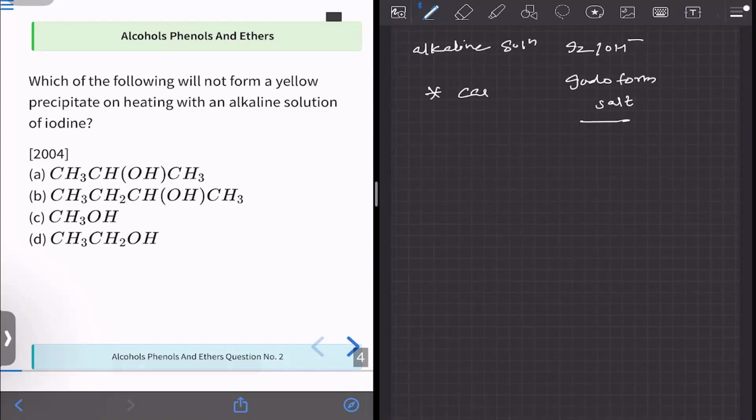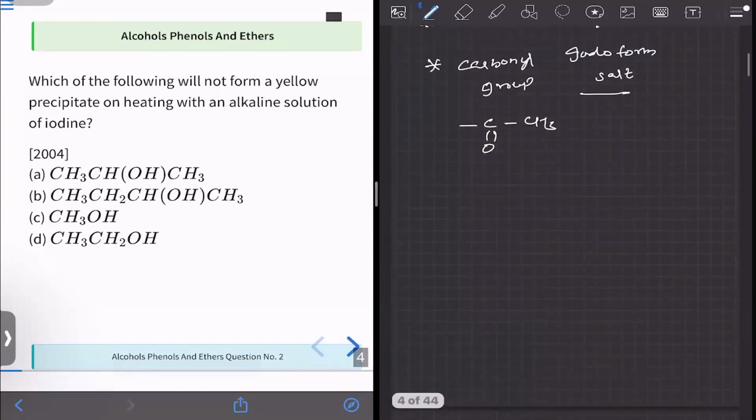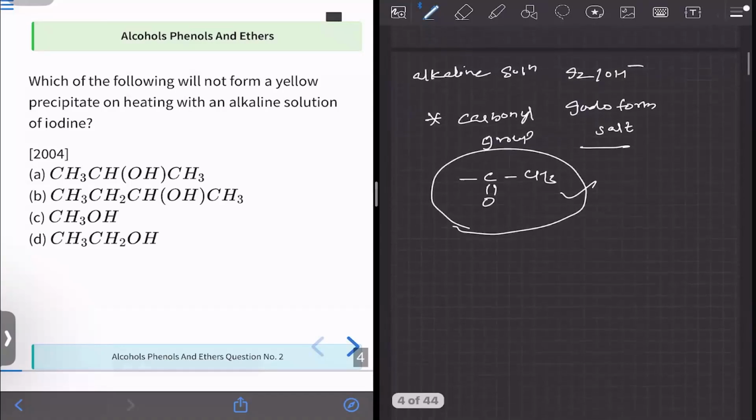It is the carbonyl group. This includes the CO CH3 group. Only with the presence of this group in the molecule does it give a yellow precipitate on reaction.